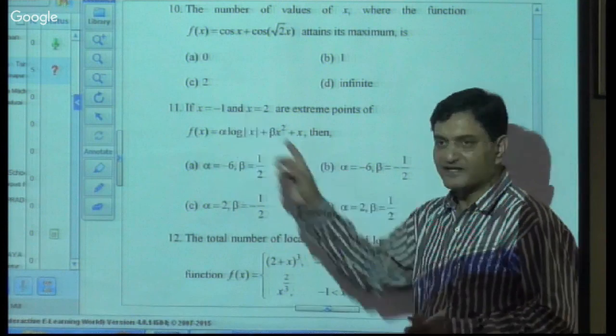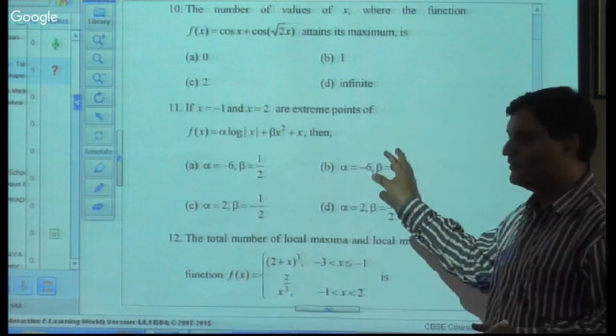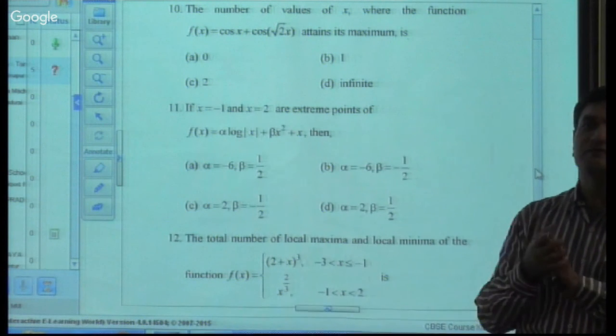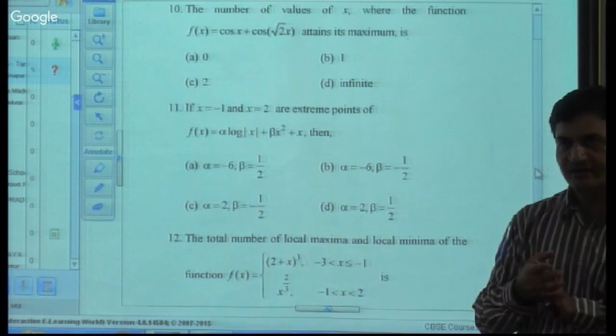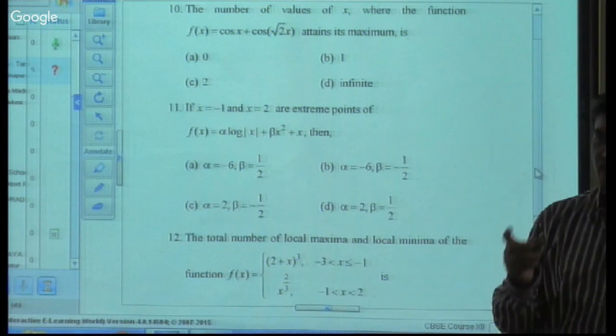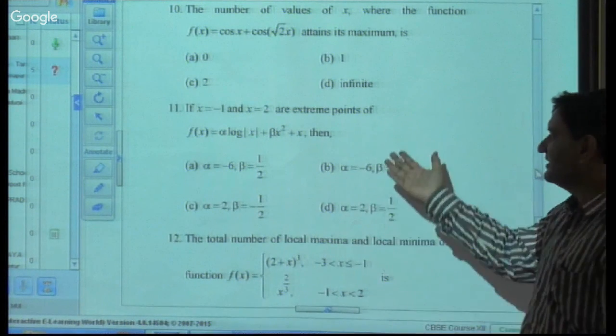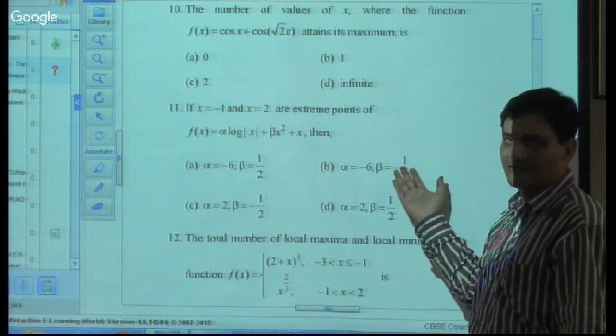You substitute minus 1 and equate it equal to 0. You substitute 2 and equate it equal to 0. You will have two simultaneous equations, which will be linear equations in alpha and beta. Solving that, I think B will be the correct option.